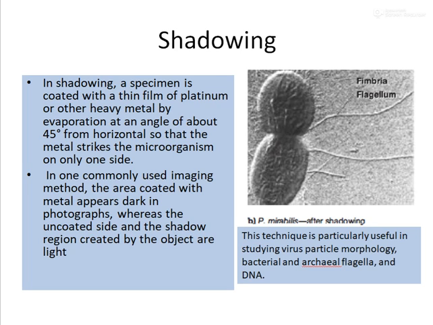In one commonly used imaging method, the area coated with the metal appears dark in the photograph, whereas the uncoated side and the shadow region created by the object are considered to be light.